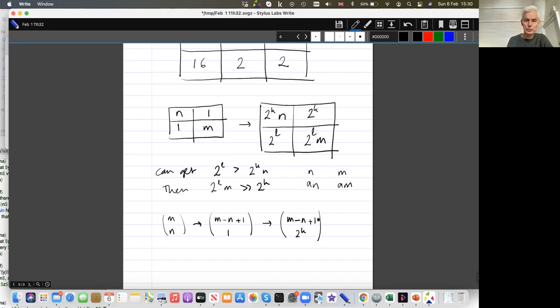And then I can just keep subtracting, and the top number is always going to get smaller. And that actually sounds interesting.